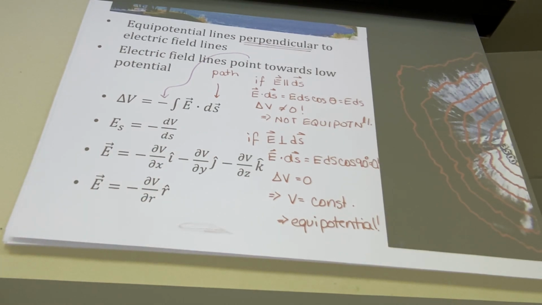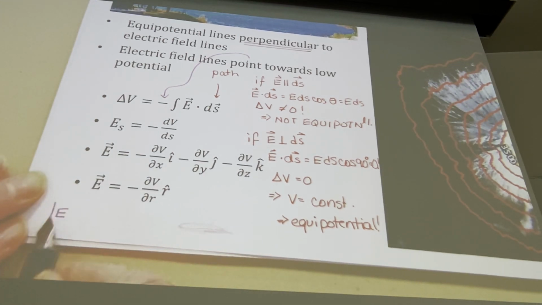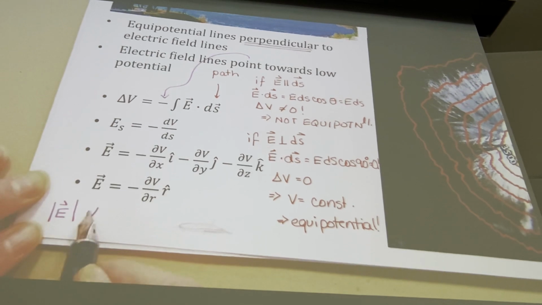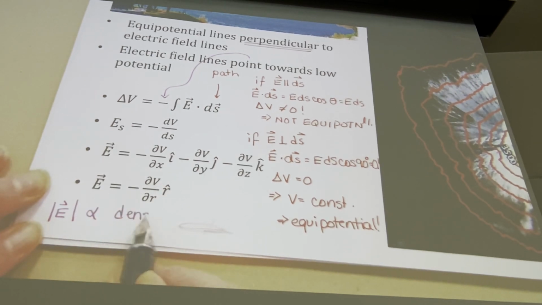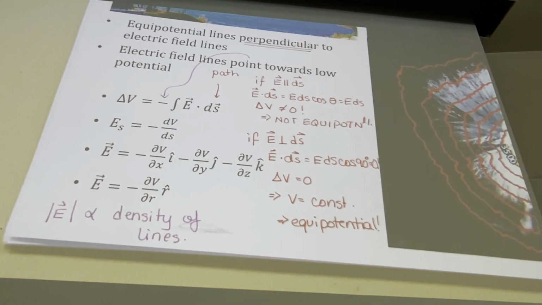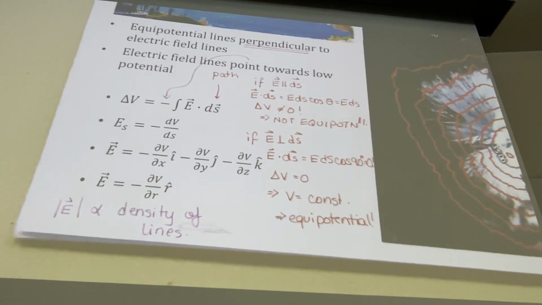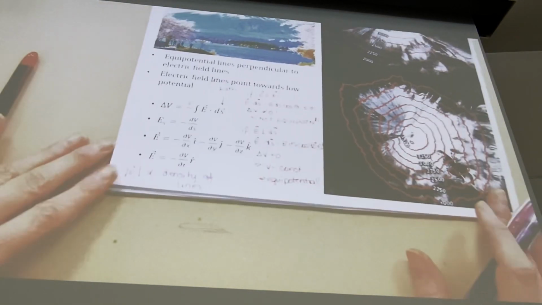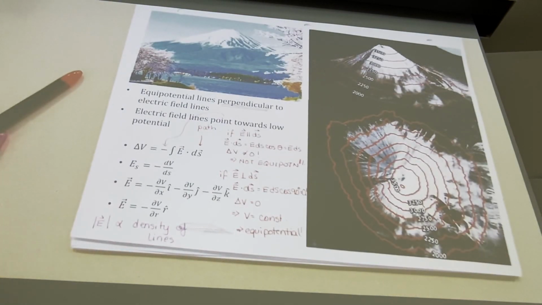So that relates the strength of the field to the density of the lines. The size of the electric field is proportional to the density of the lines. Okay, questions? So that's some of the theory about it.